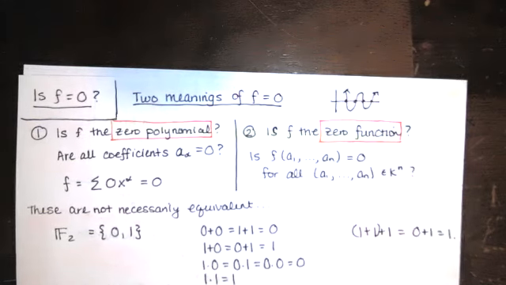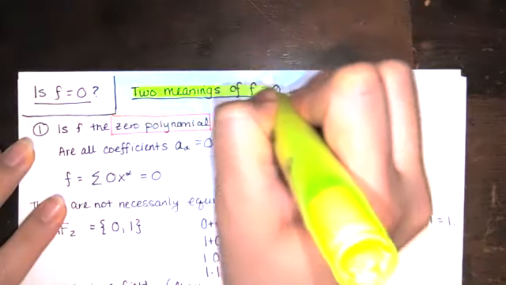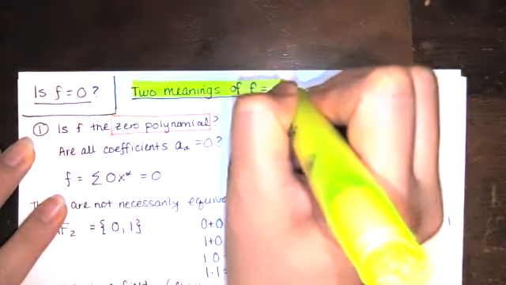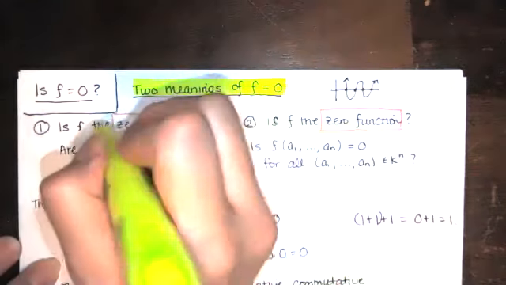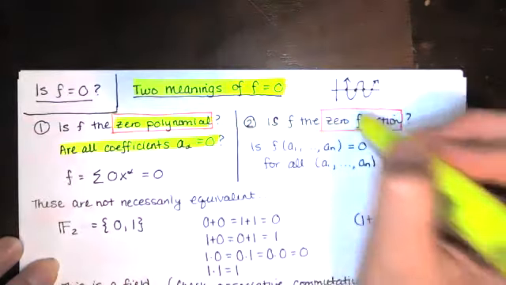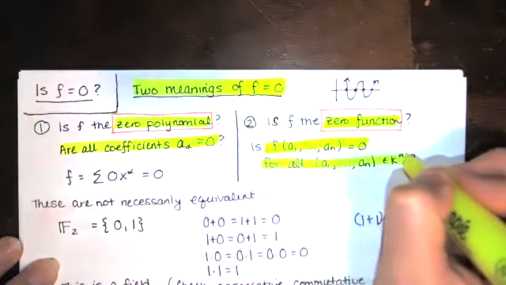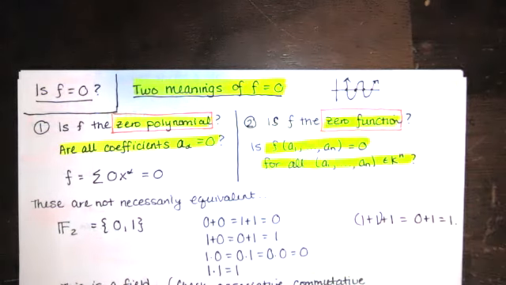So that leads us to our next proposition. This is proposition 5 in the book. So remember, zero polynomial means all the coefficients are equal to 0, and zero function means the function value is 0 for all n-tuples in n-dimensional affine space.